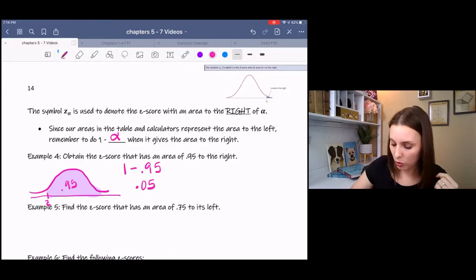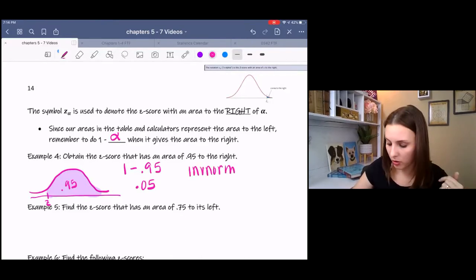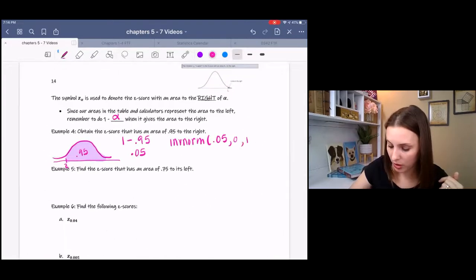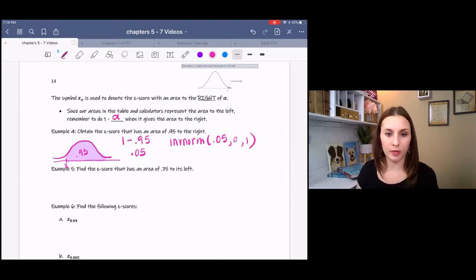So I can do inverse norm to find the z-score with an area of 0.05, mean of 0, standard deviation of 1. So go ahead, you can use your table too. You could find 0.05 in the area portion of the table, and then find the associated z-score.